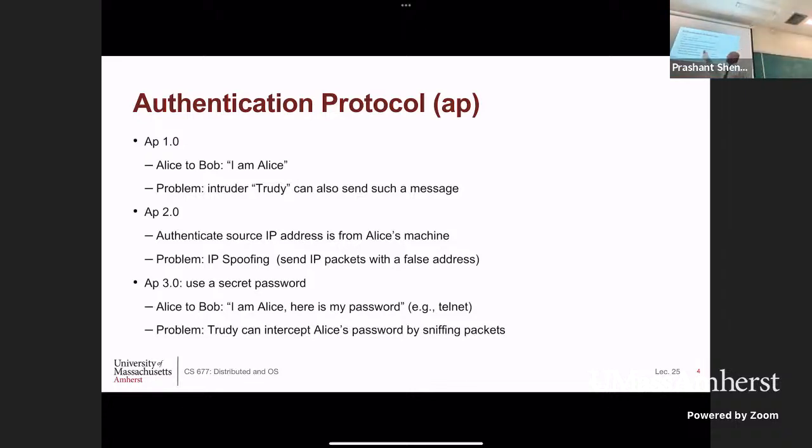There are many systems that try to authenticate you by your IP address. They would say, which IP address are you sending me messages from? And I can use that to do some sort of authentication. Now, that is also not a good strategy because it's very easy to do what is called IP address spoofing, where you can change the source address of the packet.